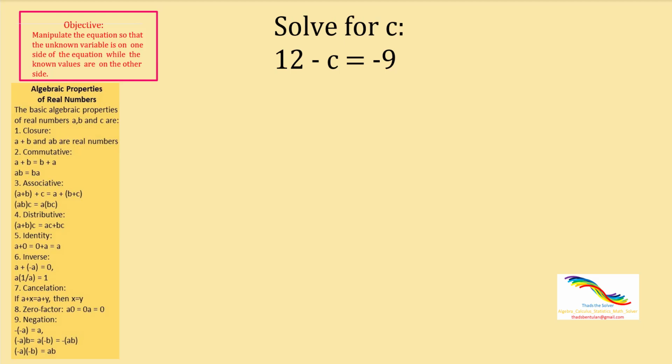So you have here minus C, right? If you eliminate the 12 by subtracting 12 from the entire left hand side of the equation, then you also subtract 12 from the entire right hand side.